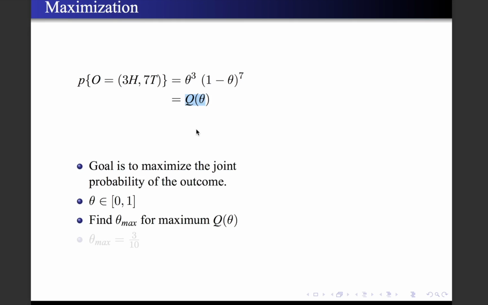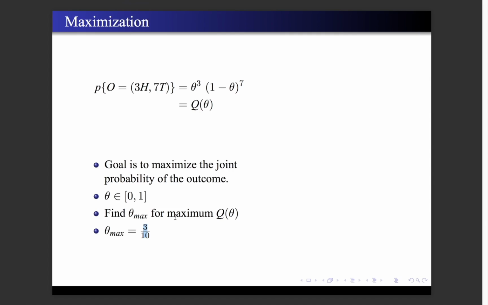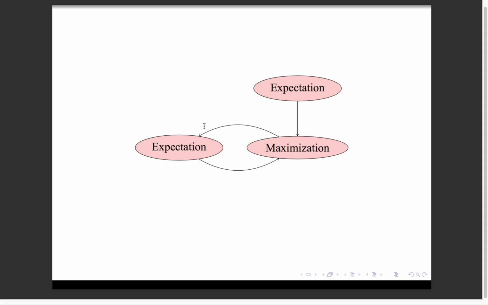Then we can find out that Q of theta is maximum when theta is equal to 0.3, 3 divided by 10. You can find the maximum of Q by taking the derivative of Q with respect to theta and setting it equal to 0, and then you find the value of theta. You will end up with theta equal to 0.3. So it's not something taken for granted.